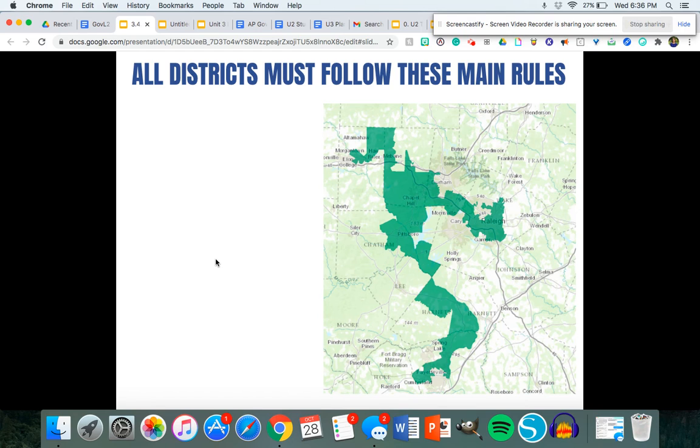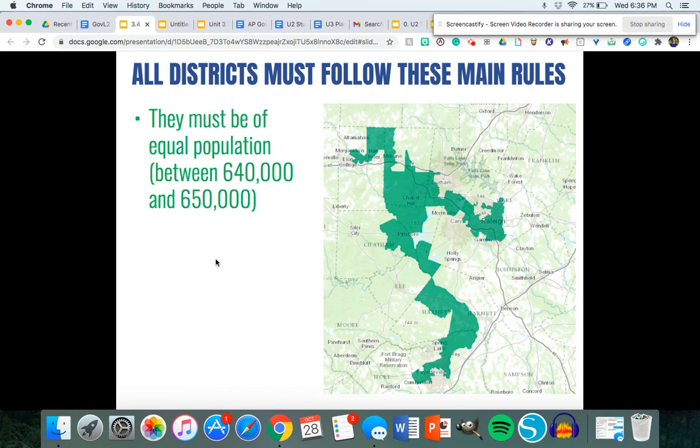Now, there are a couple of rules that districts must comply with when they're being drawn. The first is that they must be of equal population, and that must be between 640,000 and 650,000 people. So the districts must be equal in size when it comes to the number of people in that district. They must be connected, or contiguous. I know that this one doesn't really look connected, but it is.